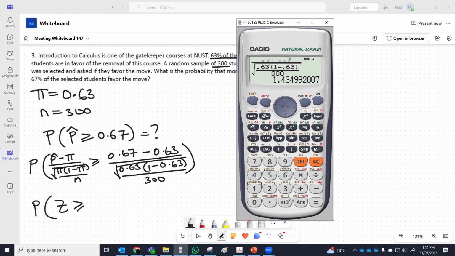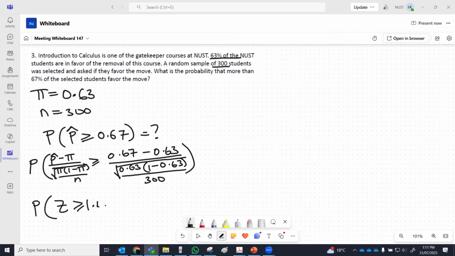Okay, and this gives us 1.43. Then we draw our normal curve, and 1.43 is here. The area that we are looking for is greater than, so it is this area over here. So it's on the right.